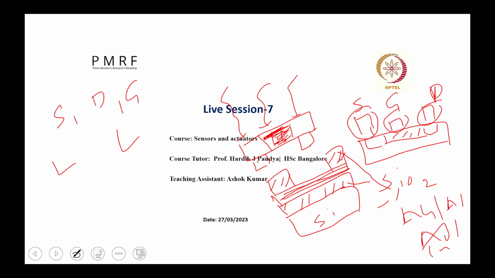Suppose I want only these things on my substrate and do not want this photoresist, where there is no exposure and the light will not be exposed. In the case of positive photoresist, the etching will remove this area, and this will remain on your device. In the case of negative photoresist, these things will be removed, and only this area will be covered.